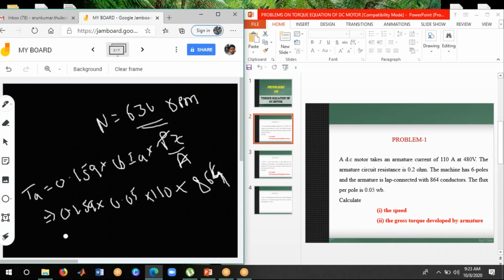Then find the value of armature torque. 0.159 into 0.755, right? So the answer for armature torque, you can write 756, that is a round figure.